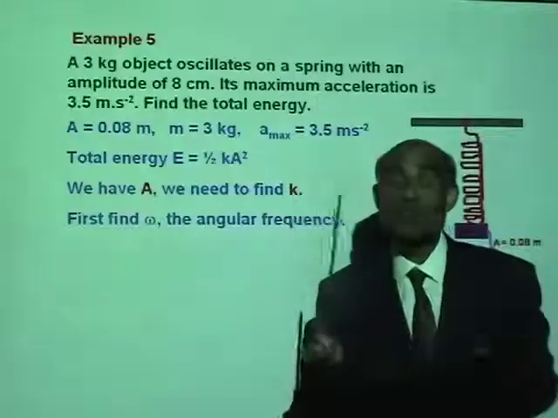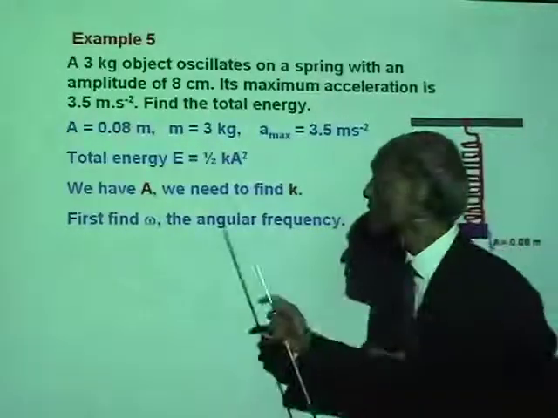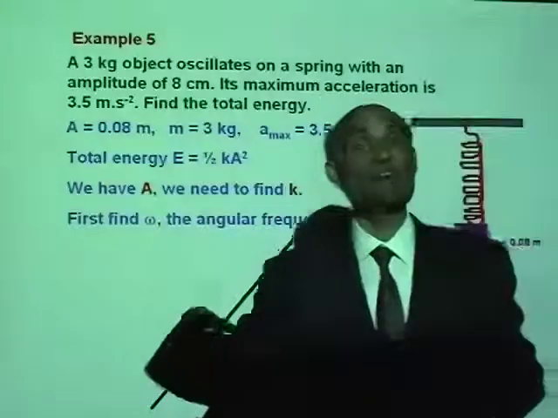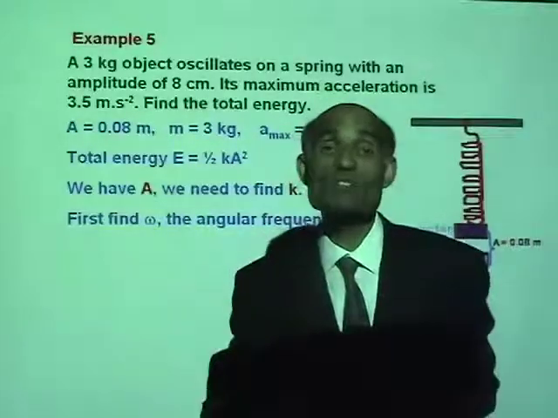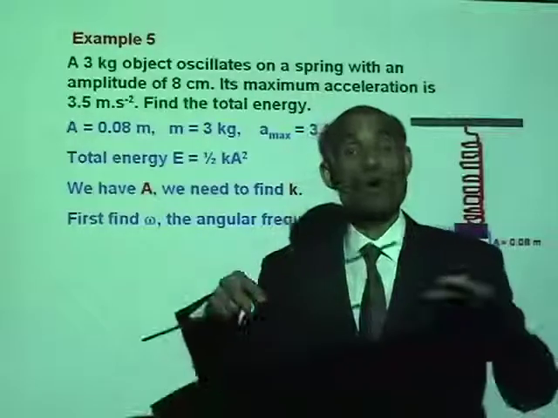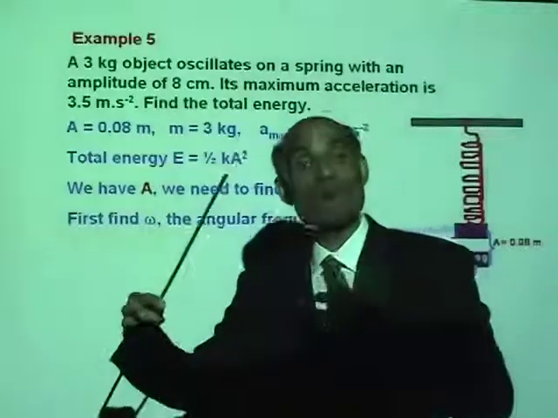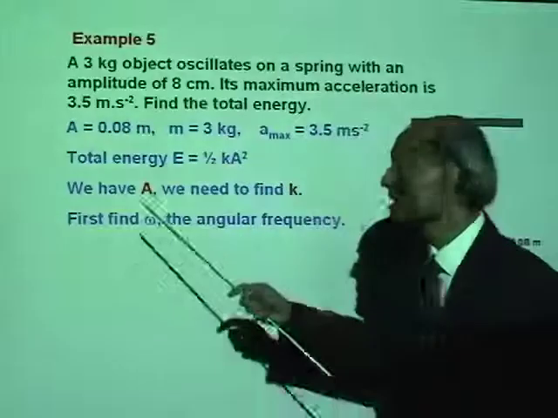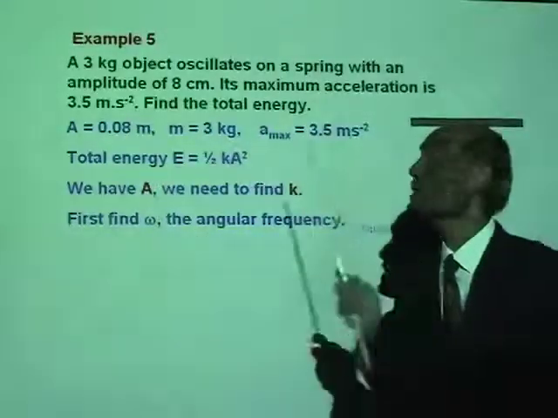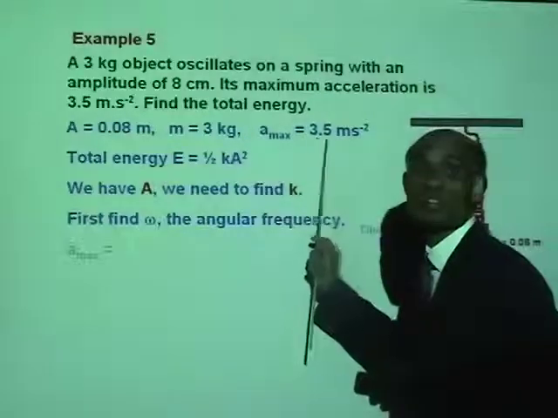Why do you need to find omega? Because the value of K can be found if you know the value of omega. Omega squared is K over m, or omega equal to square root of K over m. So first we find omega, the angular frequency, from this given data.